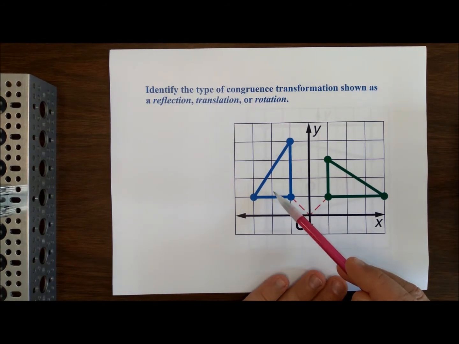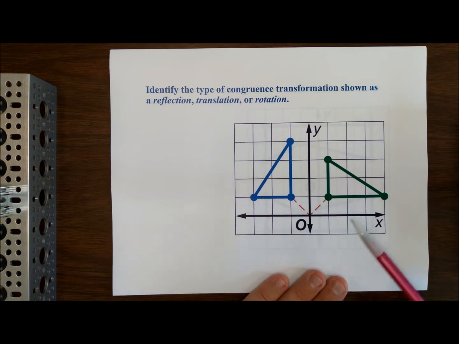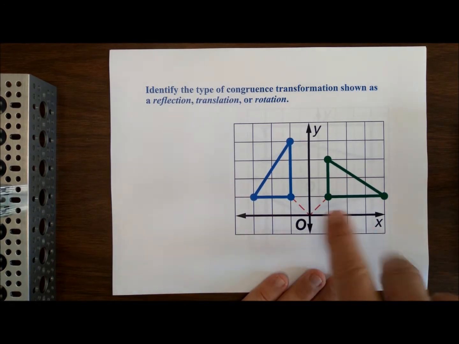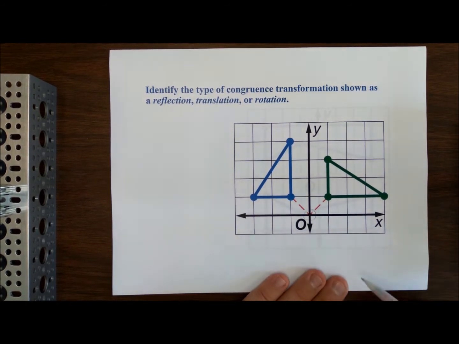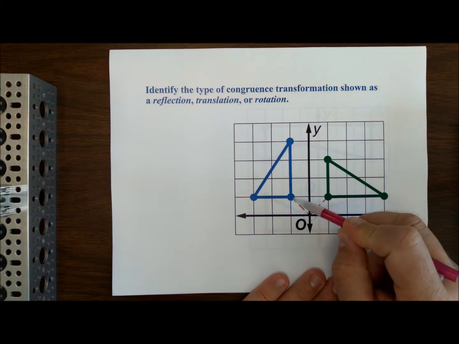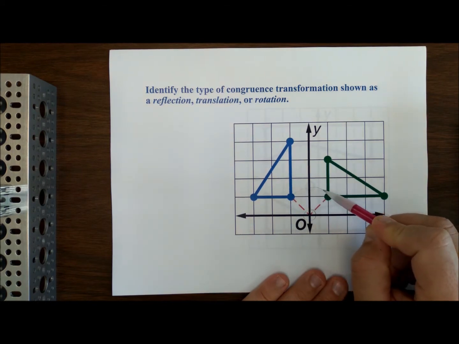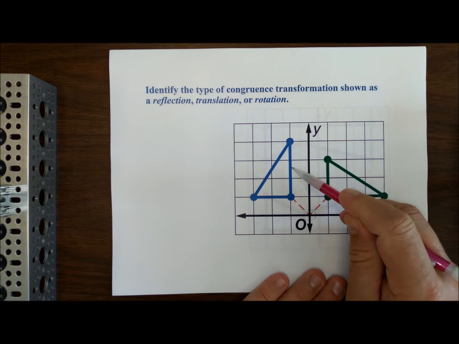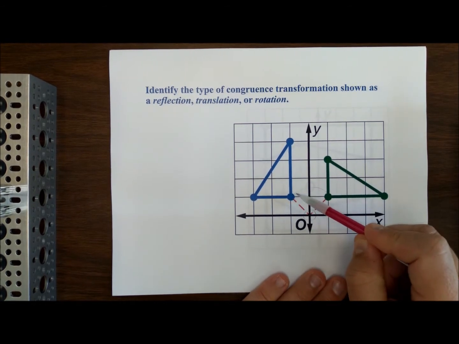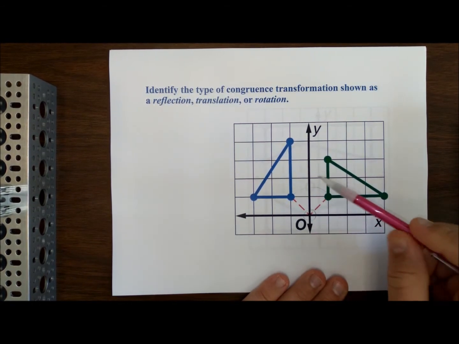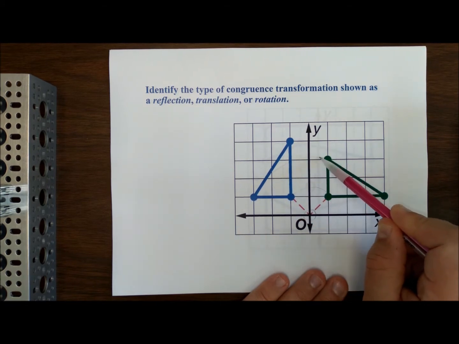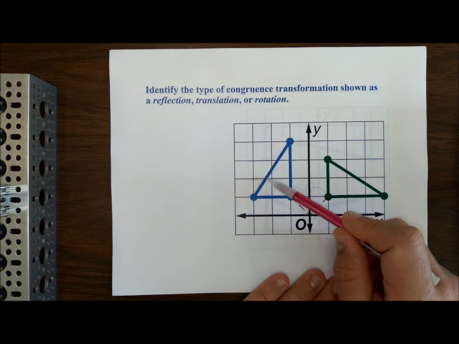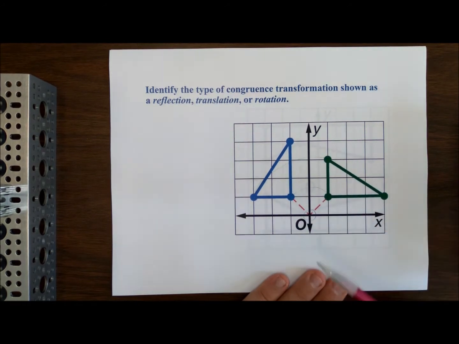All right, what type of congruence transformation is shown here? We've got this triangle as our pre-image, and here's our image. It appears that this triangle has been rotated about some center of rotation. In fact, it appears that the center of rotation is the origin. And you'll see that every single point actually remains the same distance from the center of rotation. So here, we rotate it over here. This point ends up over here, and as it rotates, it stays the same distance from the center of rotation.